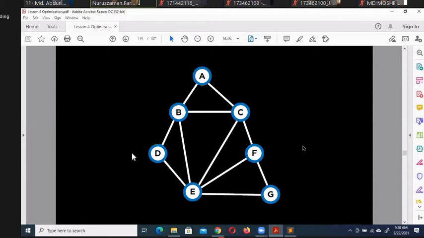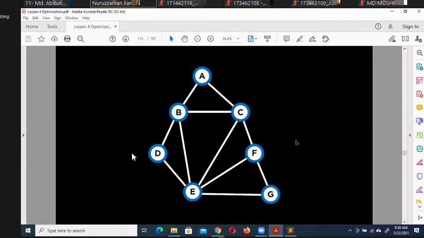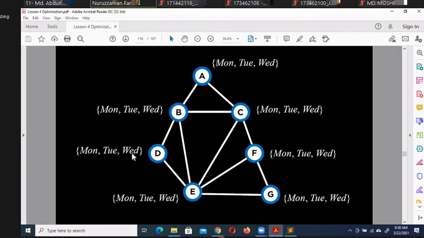So let's understand this algorithm from here. These are our variables: A, B, C, D up to G. And these are the domains: Monday, Tuesday, Wednesday. A quick question to the class. If A, B, C, D are variables, these are domains, where are our constraints?